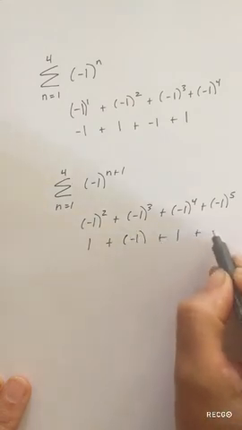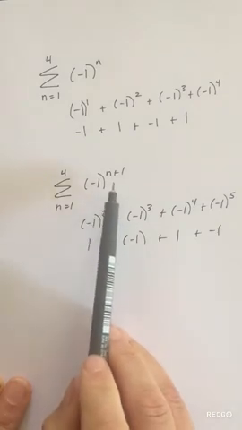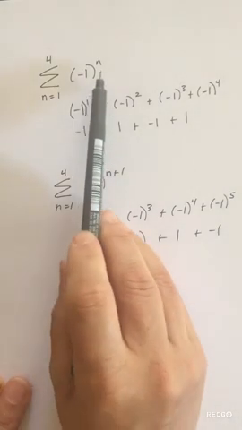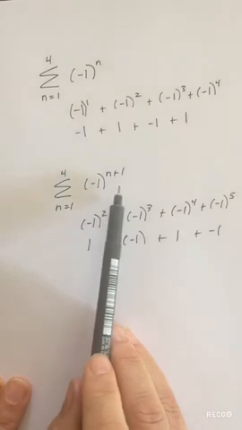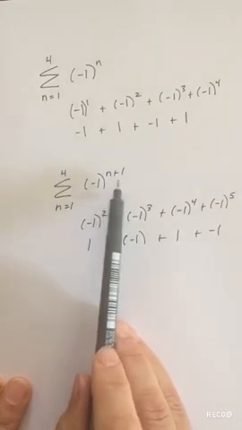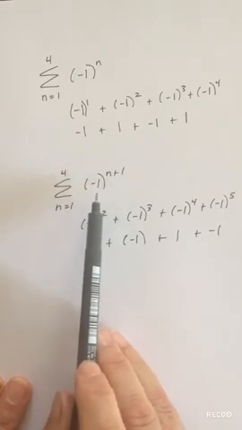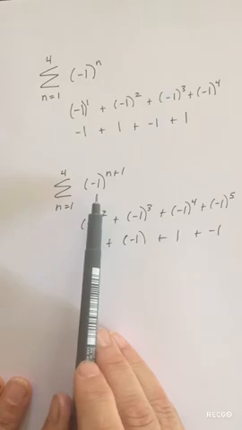Plus 1 plus -1. So again, you can play with which one's negative or positive by either using n or n plus 1. You can even use n minus 1 for the power. And if you play with this, you can get the alternating series to do exactly what you want it to do. Okay, let's look at a question like this one.